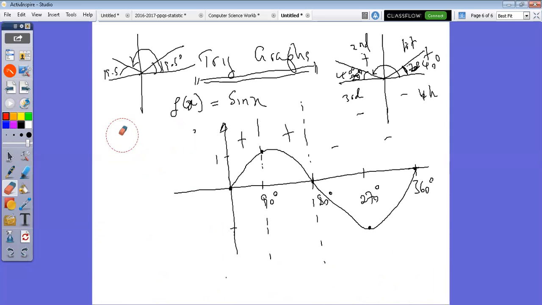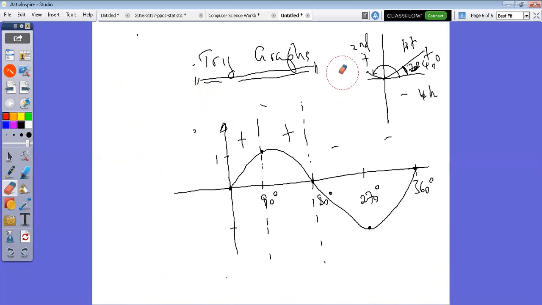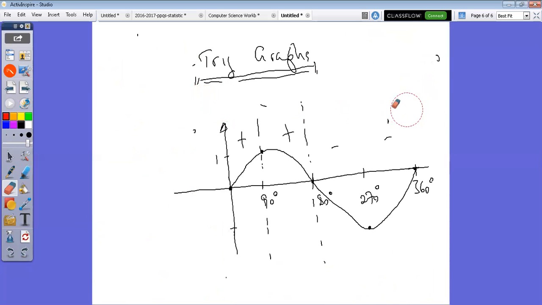Now, we want to talk about the negative. So we said positive here, positive, negative, negative. And you can tell from this graph.